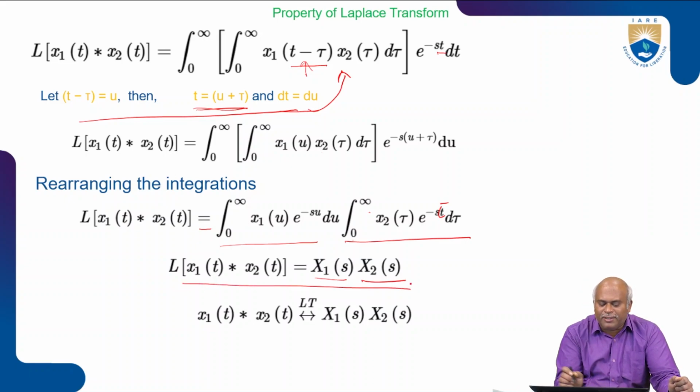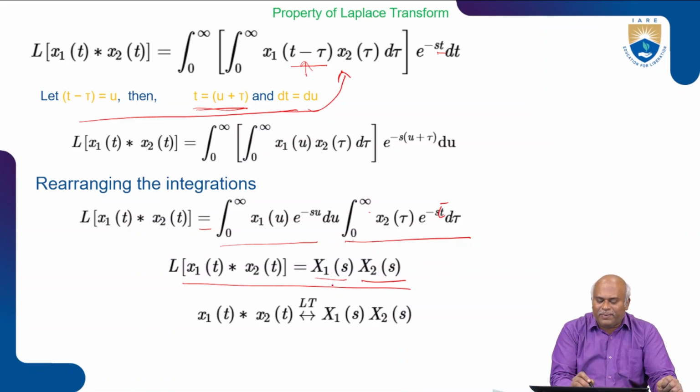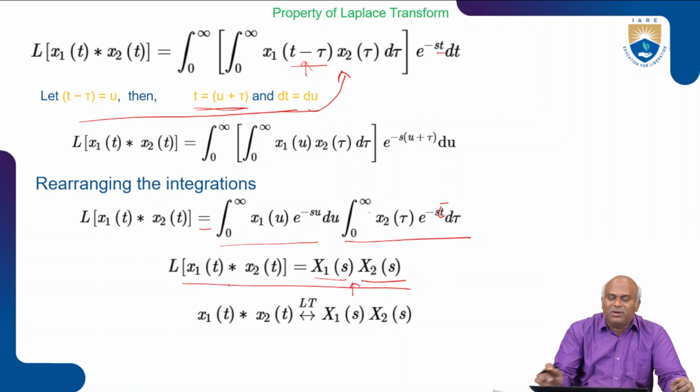Now I prove that the Laplace transform, in the case of time convolution on the input side, is equal to the product of the respective Laplace transforms of the input signals.